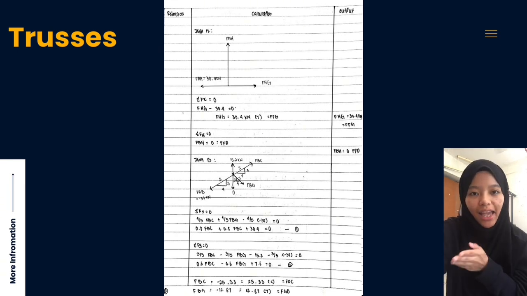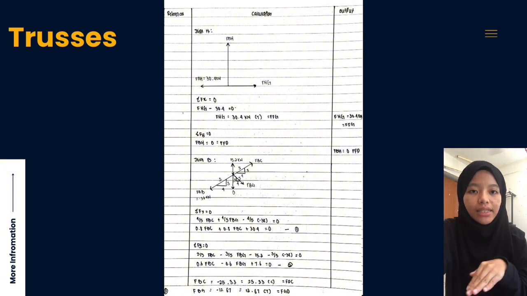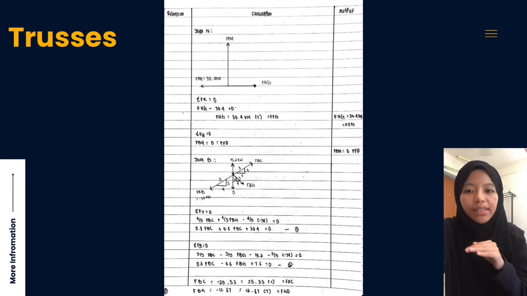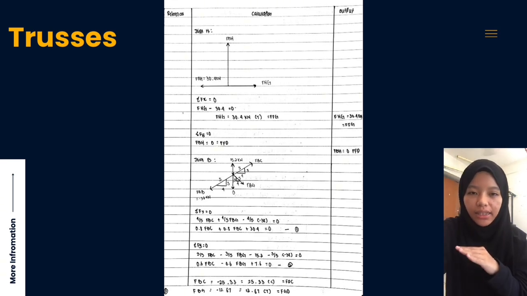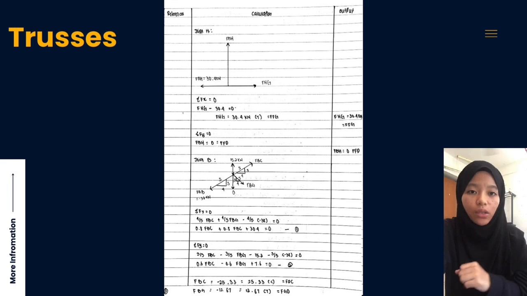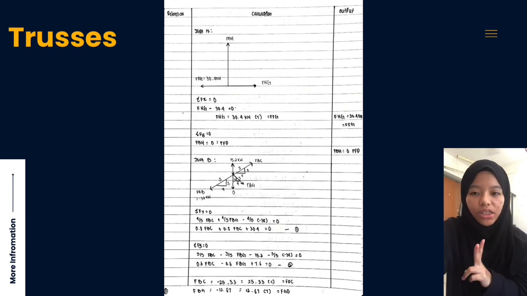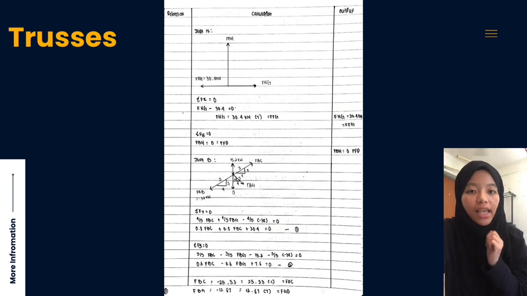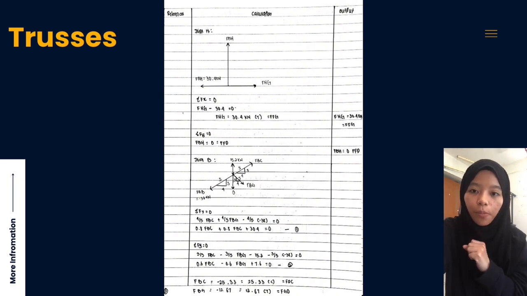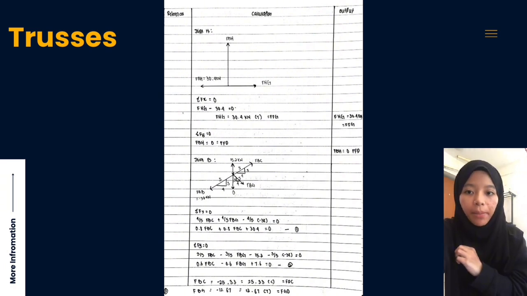Next is Fy: 3 over 5 FBC minus 3 over 5 FBG minus 15.2 minus 2 over 5 multiplied by negative 38 equals 0. So the second equation is 0.6 FBC minus 0.6 FBG plus 7.6 equals 0.